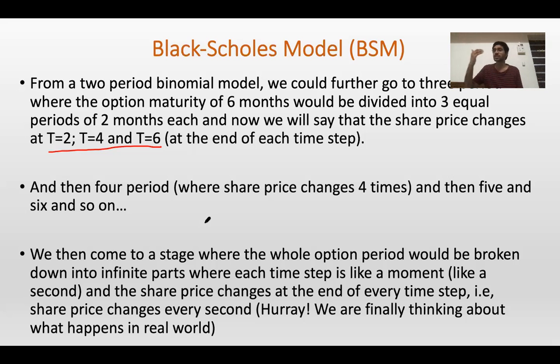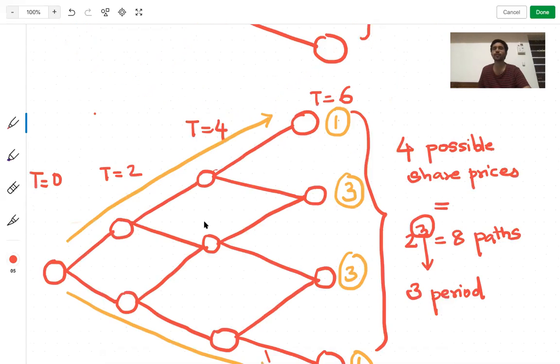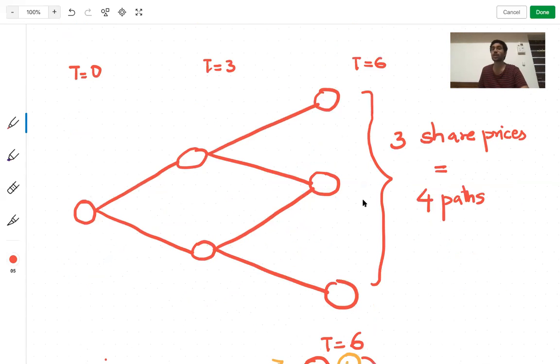So the share price changes every second, and consider the number of possibilities of share price at the end of the option contract, which is at t equal to 6. In a single period binomial model, at t equal to 6 there can be only 2 possible share prices. In a 2-period binomial model, the share price at t equal to 6 can only be one of 3.